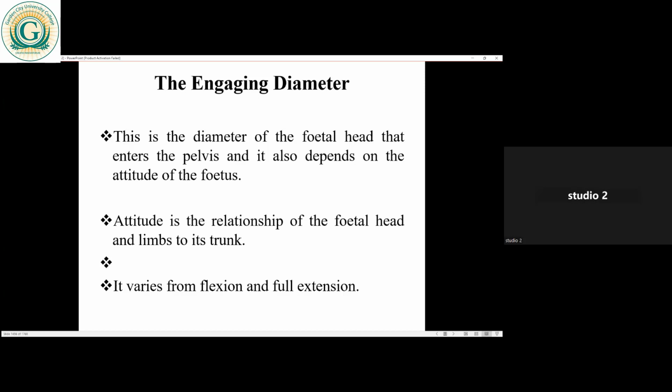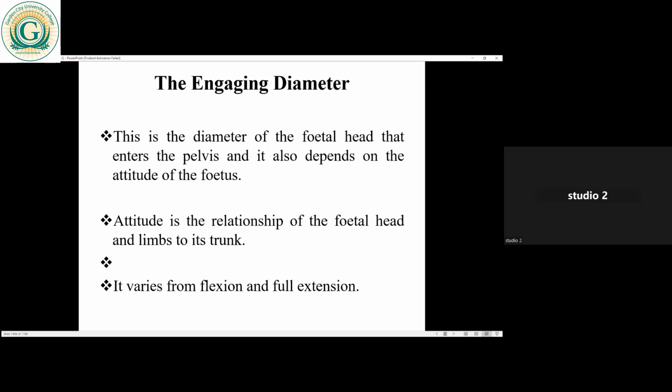Attitude is the relationship of the fetal head and the limbs. When you read the information I gave you, you understand what attitude is. It varies from flexion to full extension.